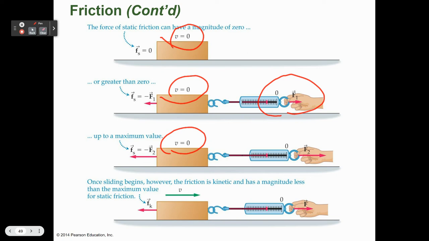But once it moves, you don't have static friction anymore. You have kinetic friction, and that kinetic friction is always going to have a magnitude less than the maximum static friction value, because once you get something moving, it's a lot easier to keep it moving than to get it moving in the first place. So kinetic friction is always going to be less than your maximum static friction.